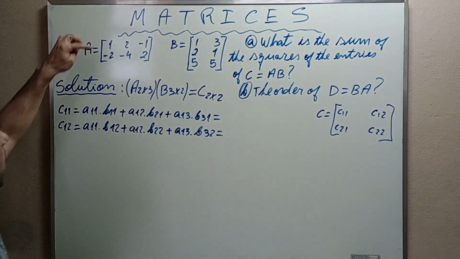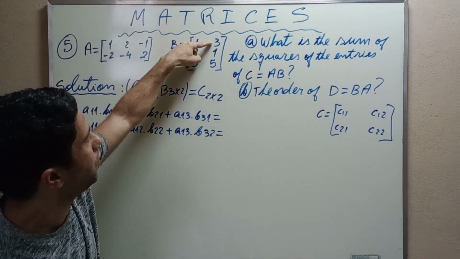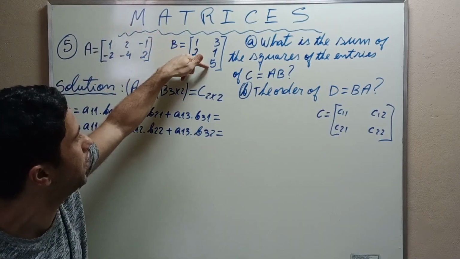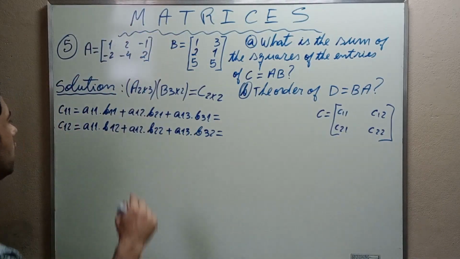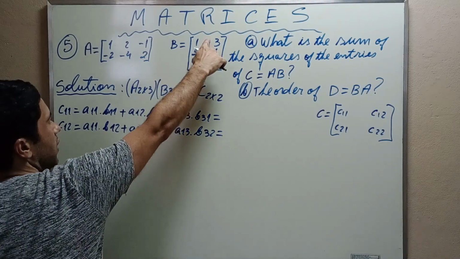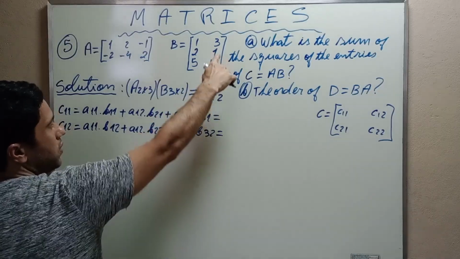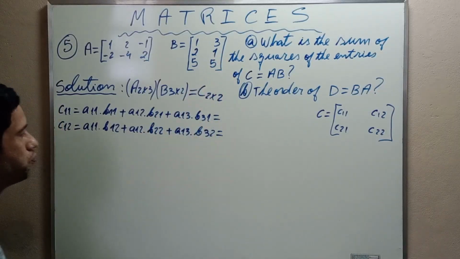Okay? This with this, this with this, and this with this. This is B12, this is B22, and this is B32.